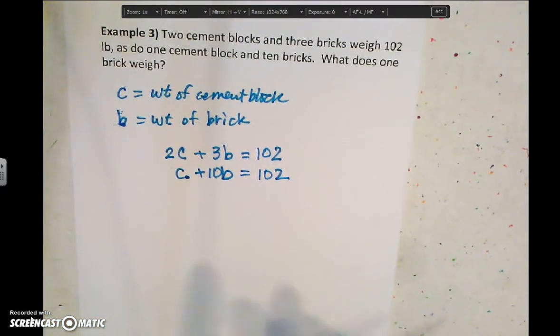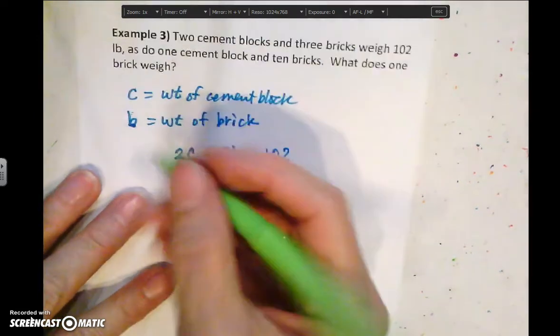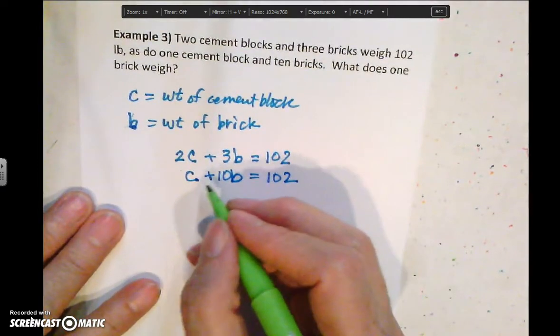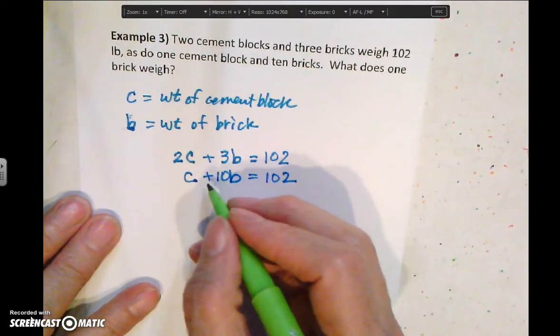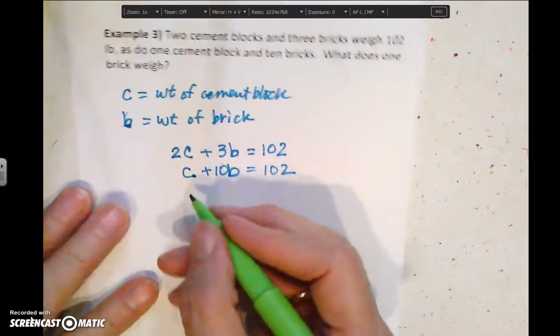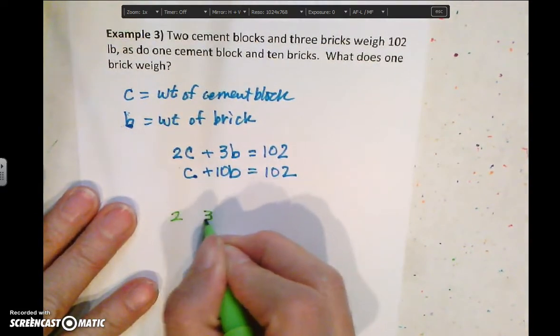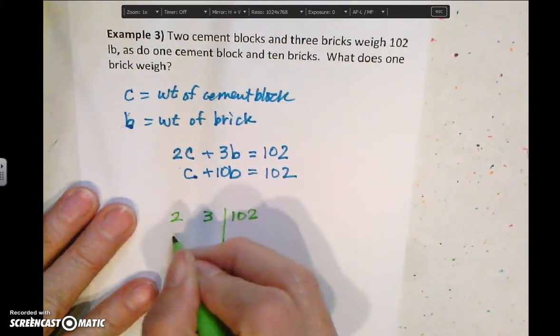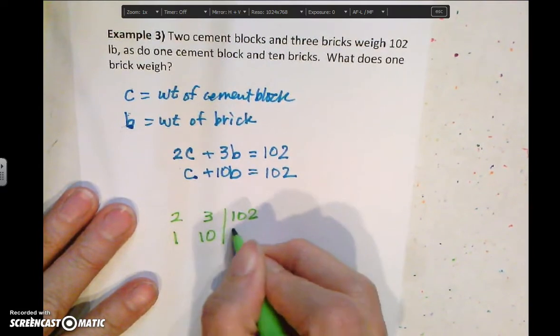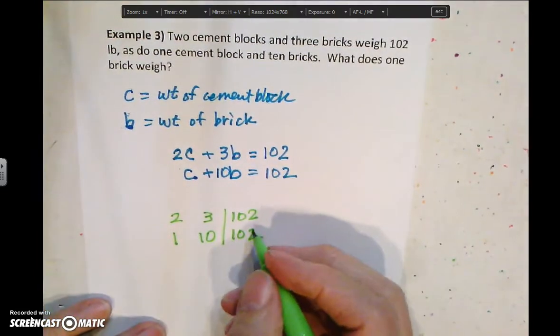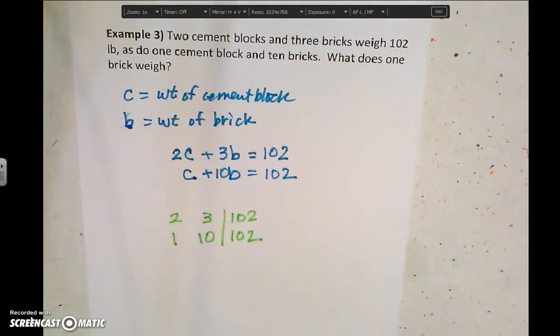So again, you can choose your method. You can use your calculator. So get your calculator out and give that a try. So you're going to do your 2, 3, 102, and your 1, 10, 102, and put that in your calculator and see what you get for your answer.